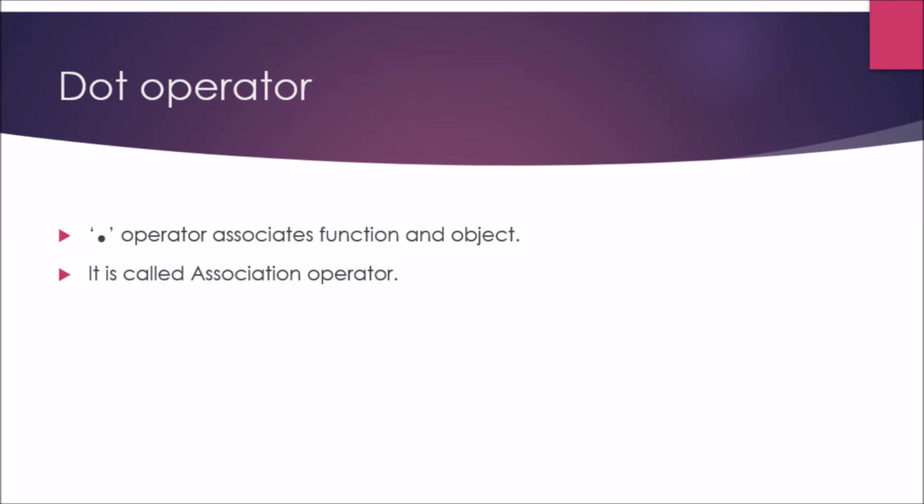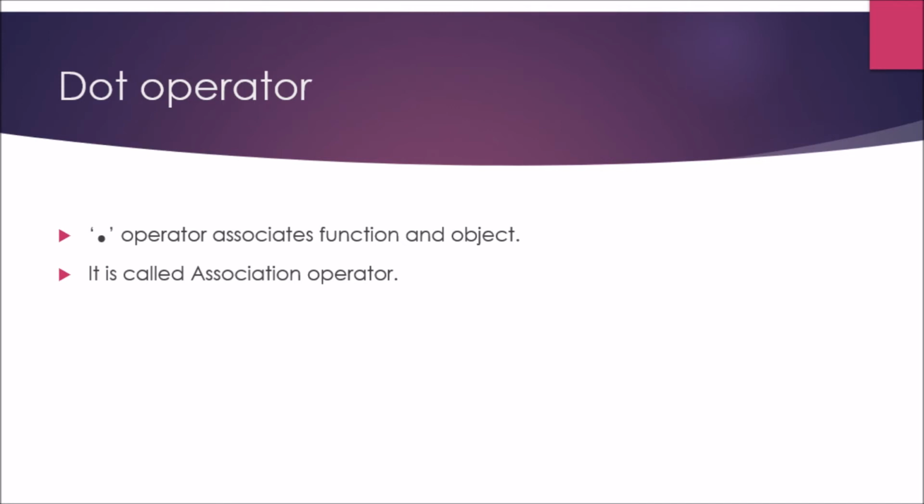How will that function know on which object it has to operate? As you remember in the program we took, we use the dot operator, like we call the get function, like e1 dot get or e1 dot set function. So what the dot operator does is it associates the function and the object.